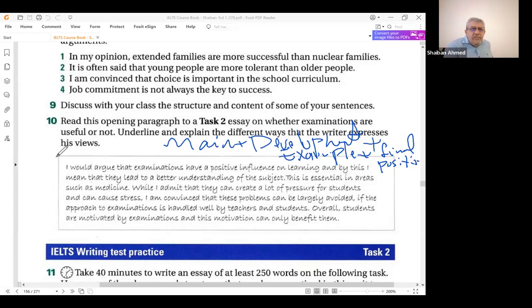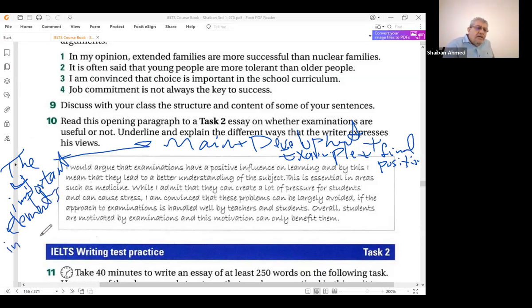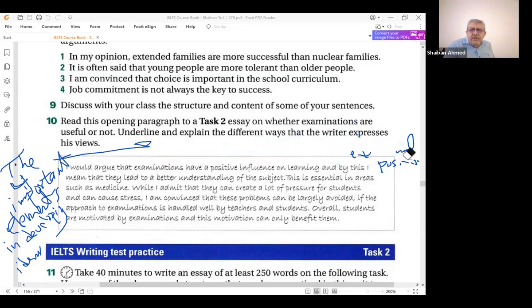So here we say the 4 important elements in developing ideas. Okay, so main idea, development. Okay, let me write it better. So let's make it like this.